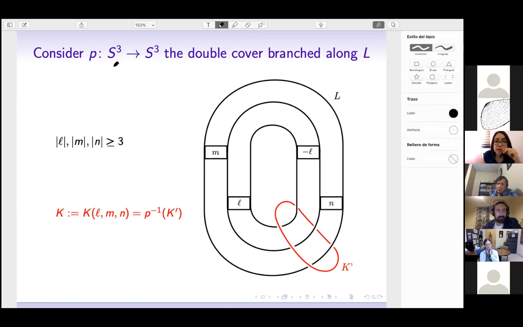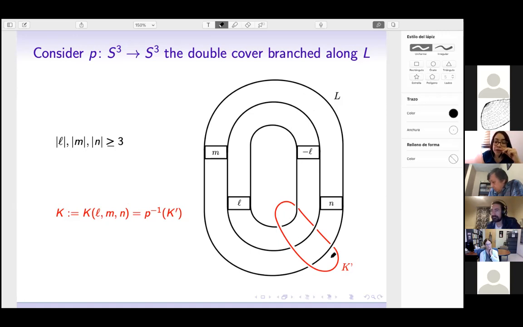So if we consider the double branched cover along L, we will obtain that the covering space is S3. And we note also that the linking number of K prime and L is an odd number.